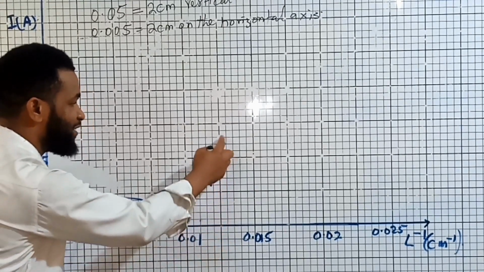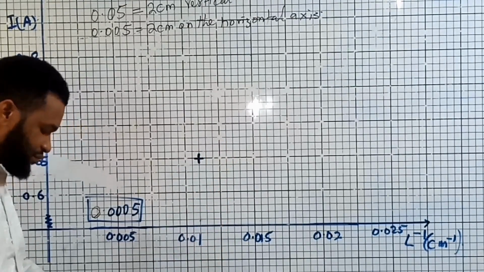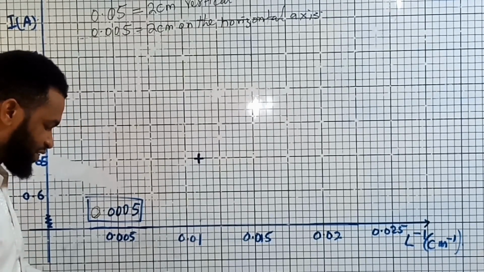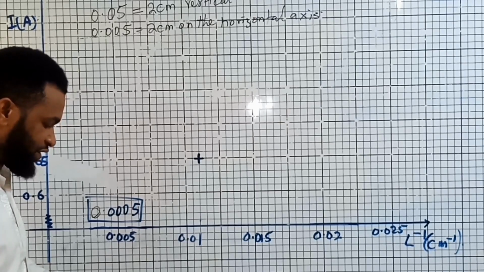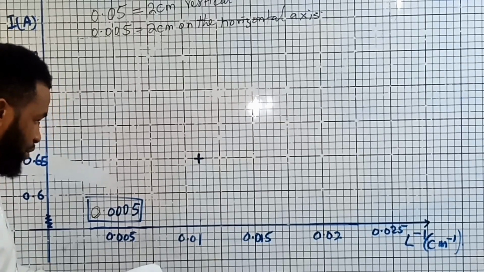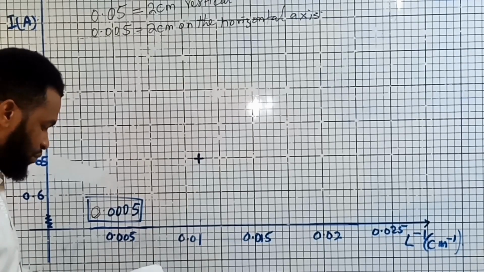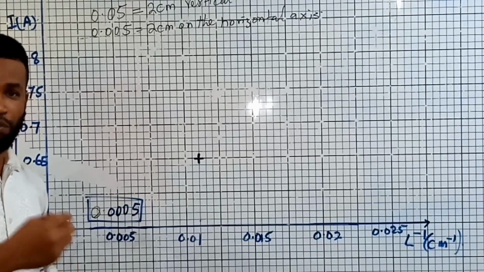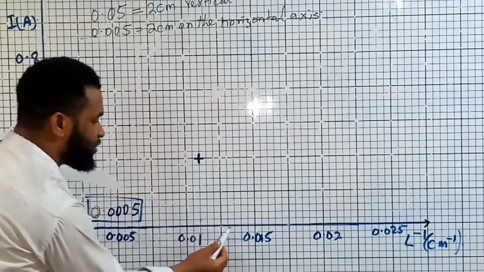Let's check: 0.0005 times 6 plus 0.01 gives 0.013. That means it is on the sixth line.